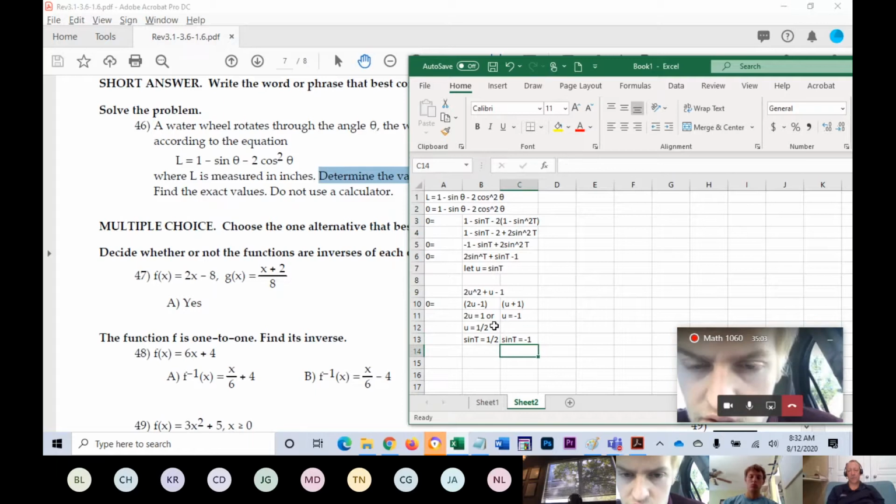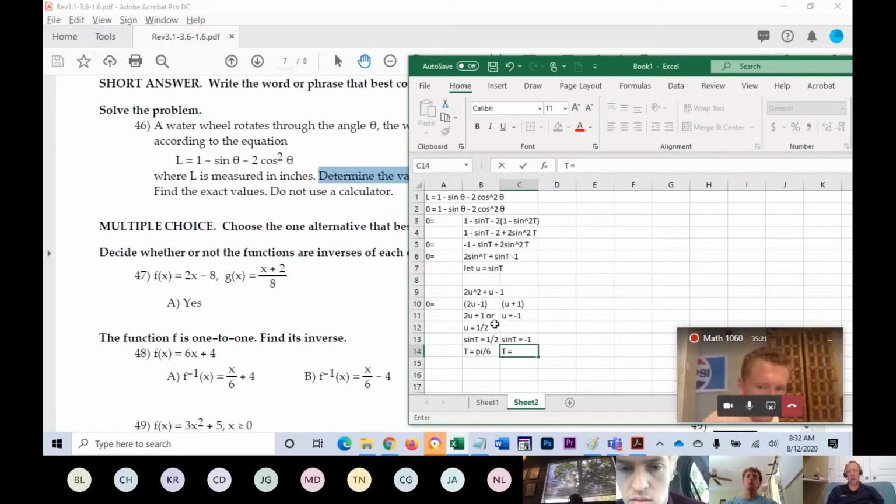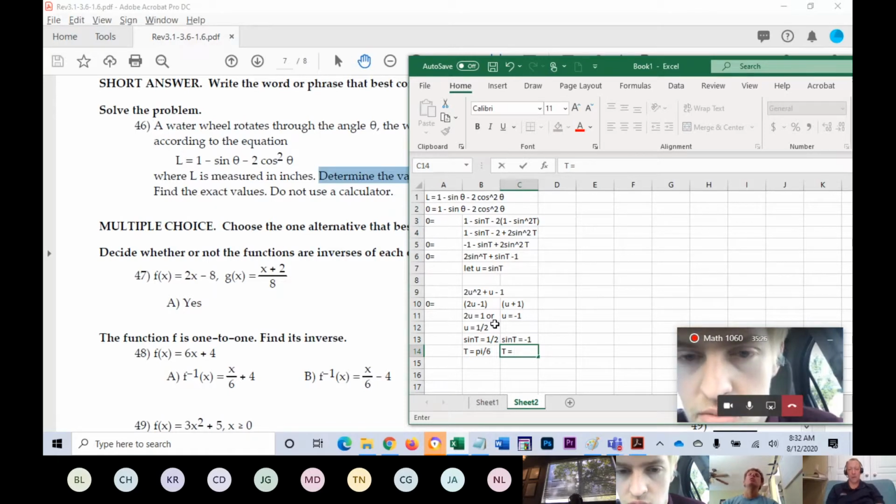Sine of 1/2 is pi thirds. No, sorry, theta is pi sixth, right? And theta equals 3 pi fourths. Or not 3 pi fourths, 3 pi halves. Bing.